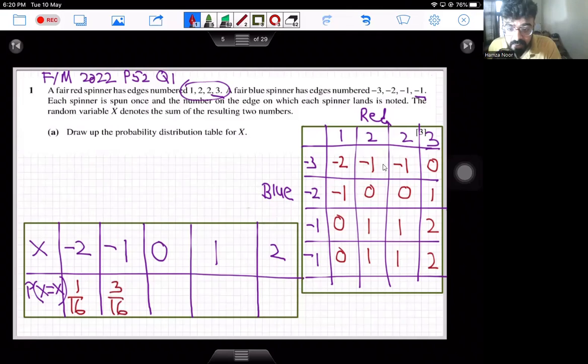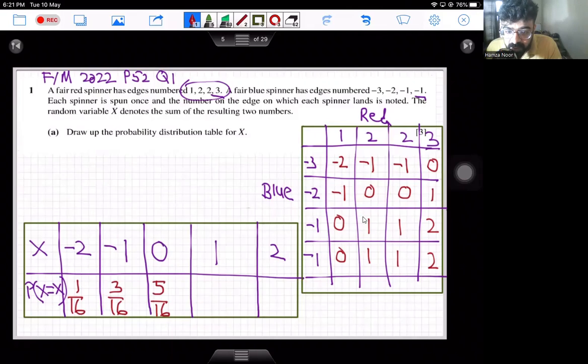And why over 16? Because we have 4 rows and 4 columns, and here we have 16 values of the score altogether. And then the score of 0 is occurring 5 times, so 5/16.